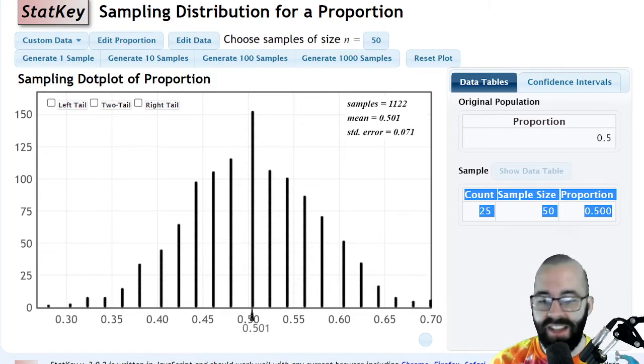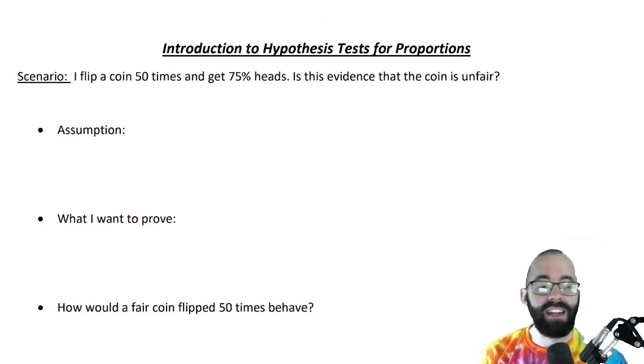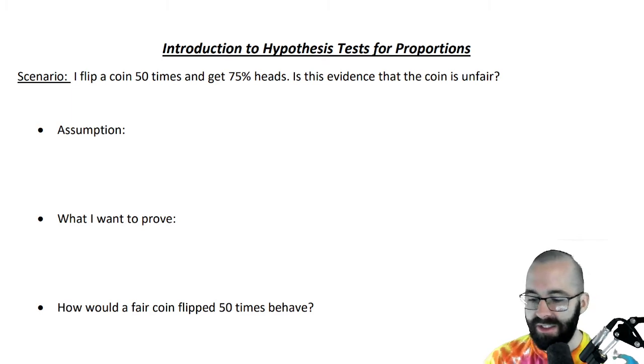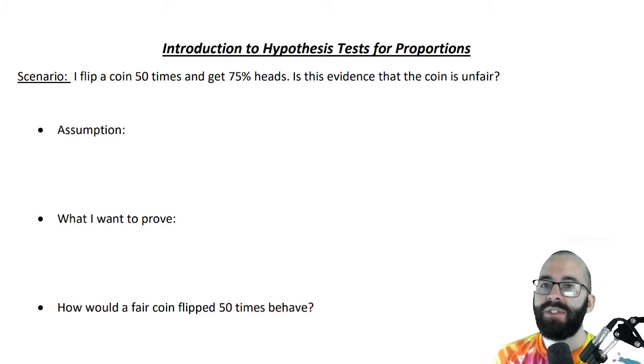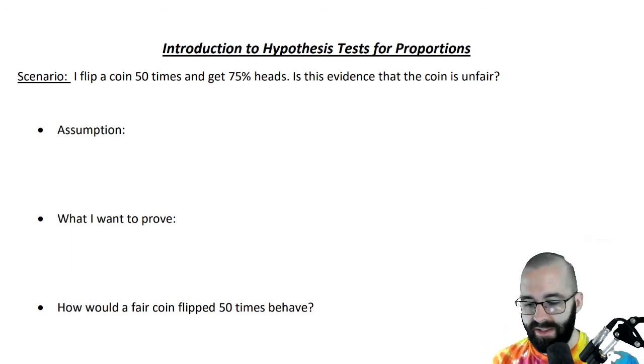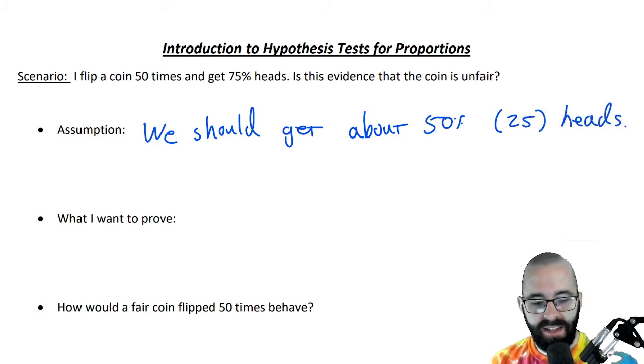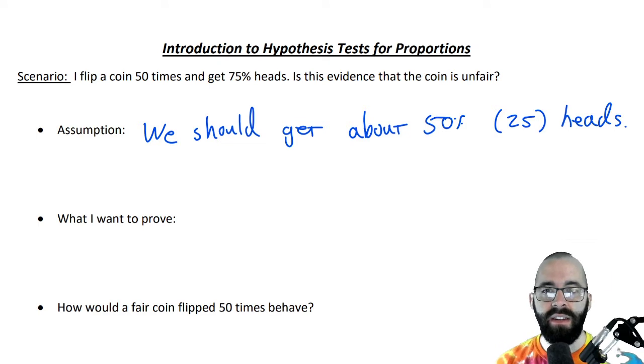All right, in this little simulation. That's one way to visualize this, tying this into when we were looking at sampling distributions for proportions. So the assumption, right? The assumption is that we should get about 25 heads, about 50%, if it's a fair coin, right?